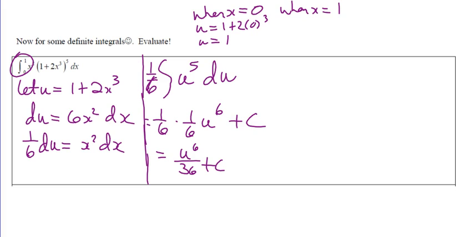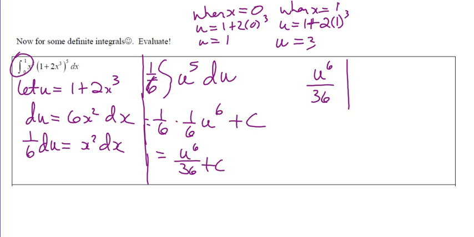When x is 1, u is 1 plus 2 times 1 cubed, which is 3. u equals 3. So what we want to work out is u to the 6th over 36 from a lower bound of 1 to an upper bound of 3.